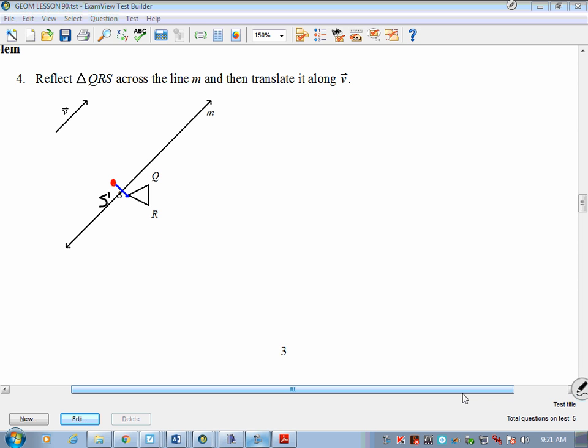Can I get somebody to draw R prime? Let's see, who do I want to? Brady's got it? Awesome. And if it helps to draw the line across, you can do that just to help you estimate it out. All right, so we'll call that R prime.